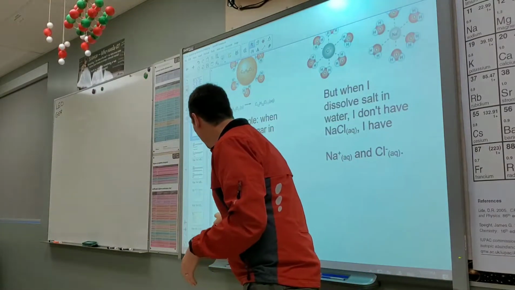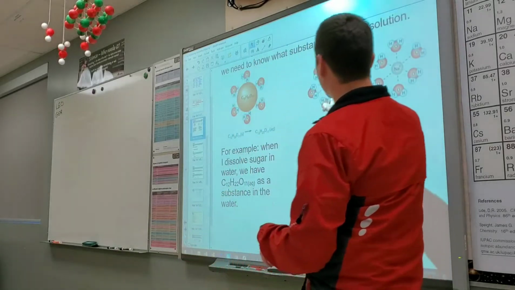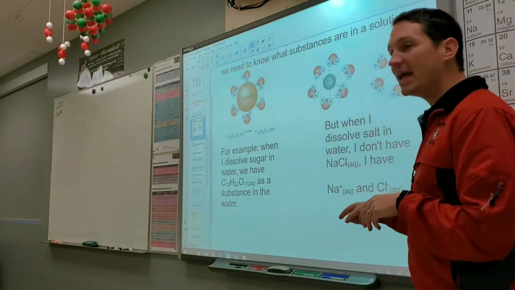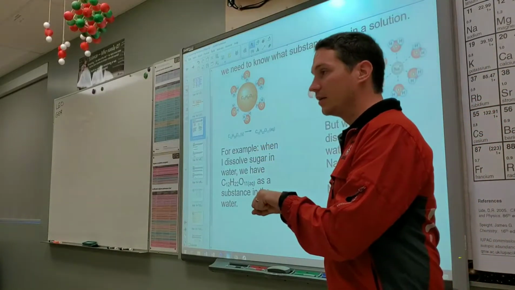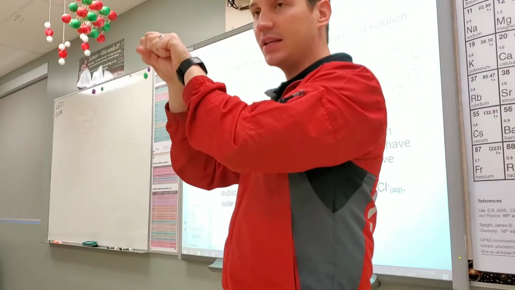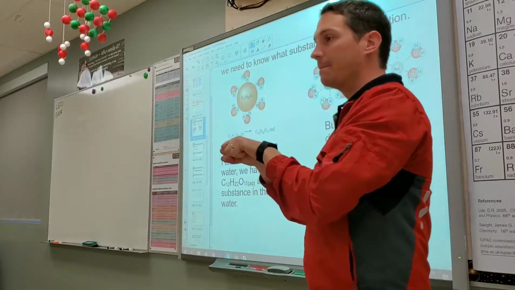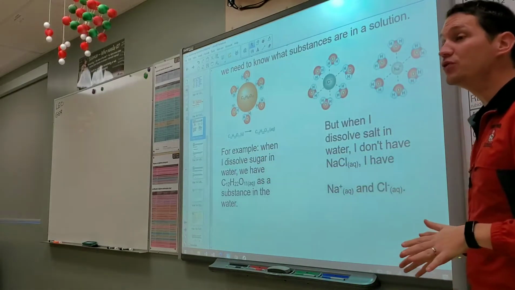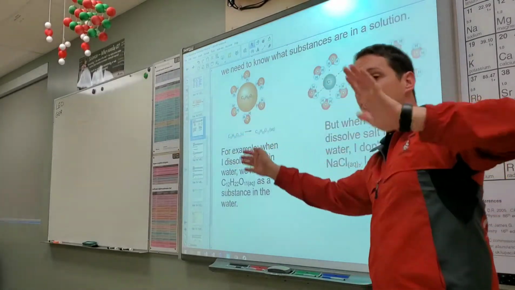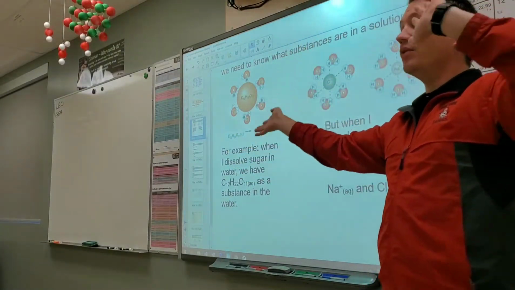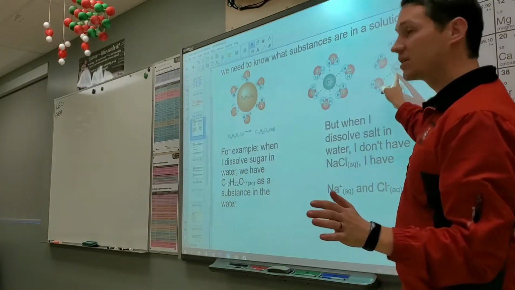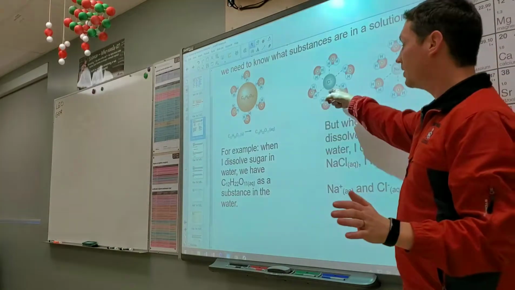When I take sodium chloride and add it to water, does it remain sodium chloride? Are the sodium ions and the chloride ions still stuck together when we've dissolved them in water? No. And that's a huge difference. Now, all of a sudden, these chloride ions and these sodium ions can float around totally independently of each other. The sodiums can react with something, and the chlorines don't have to.